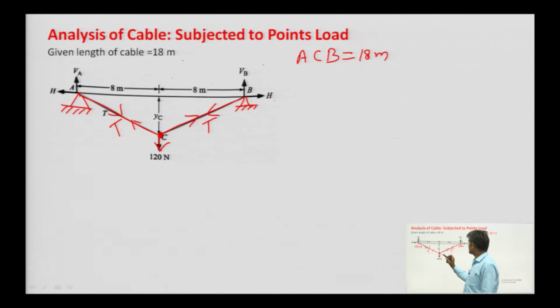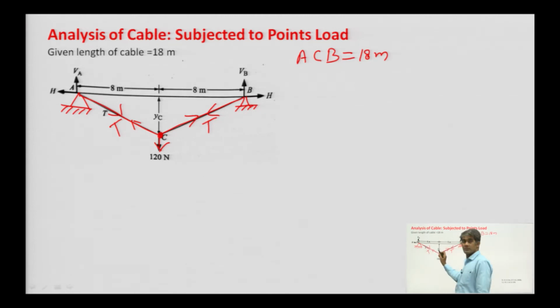In this case, due to symmetry, the tension in both sides will be the same. Okay. So, we need to find the value of T. So, what are the unknowns here?